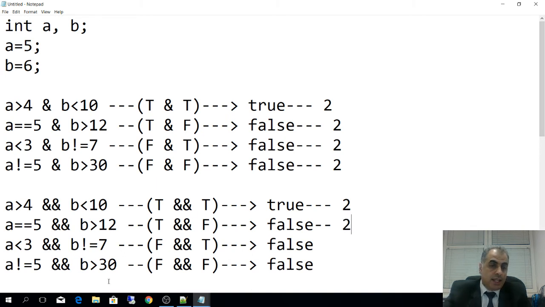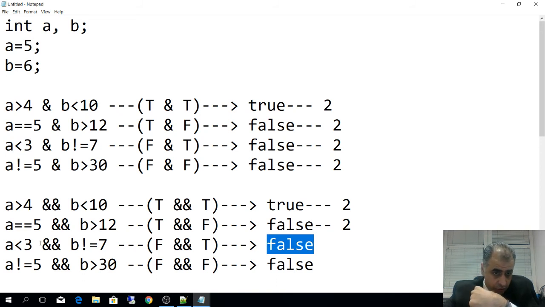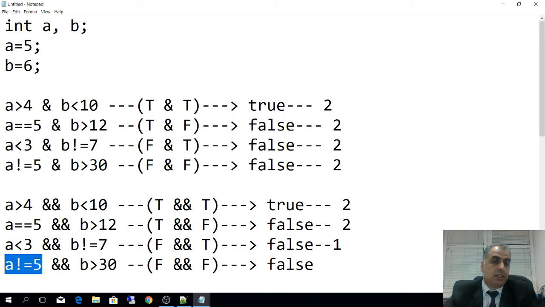Okay. Now, the processor is looking. A is less than 3. Is it true? It is false. Okay, result is false. Why? Because if any one of them is false, the result is false. We check the first one, it is false, so result is false. After 1 process, we decided that it is false. Let us come here. A is not equal to 5. Is it true?